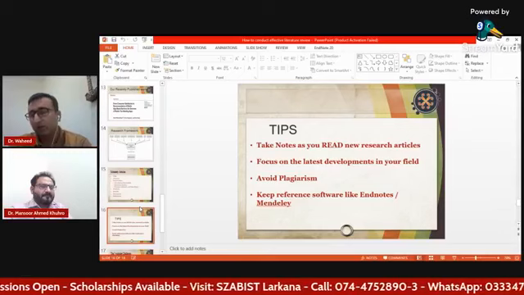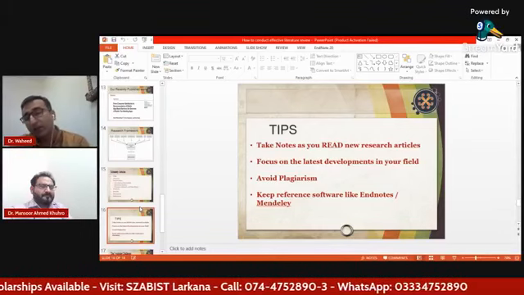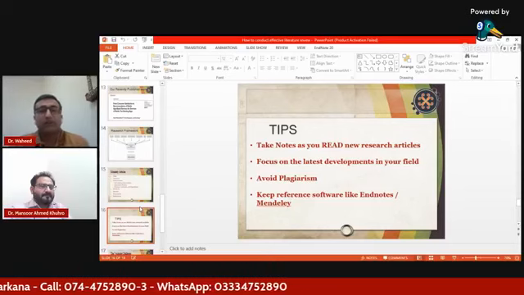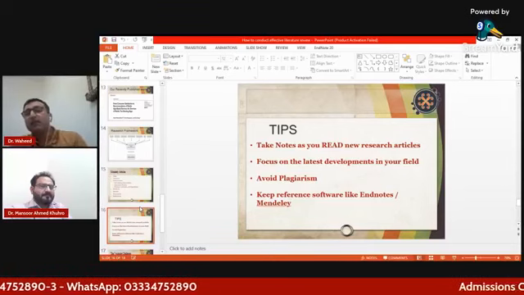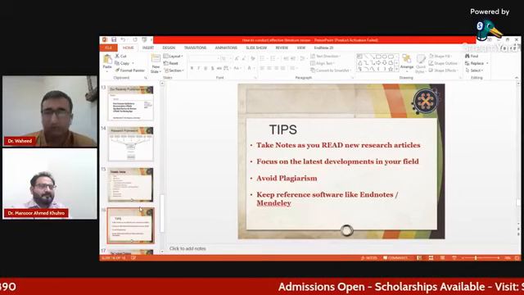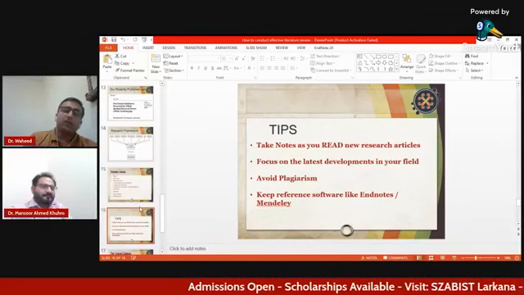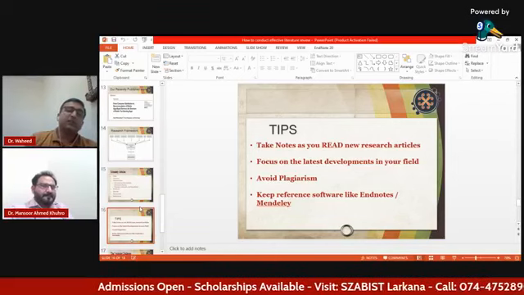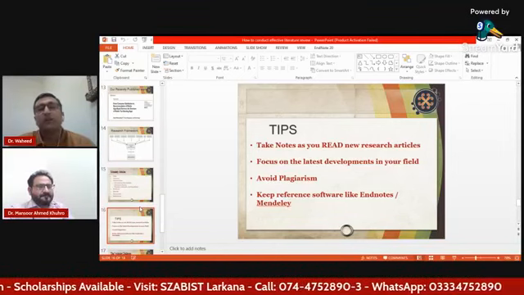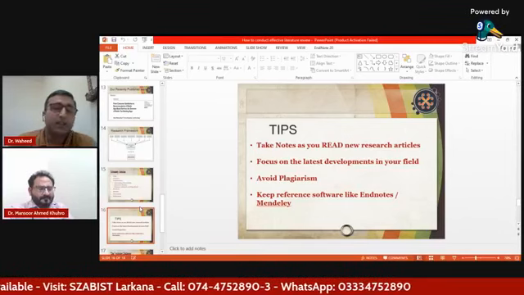So if you know what is good for you, if you are able to read those articles and download them into your referencing software, at any time you can come back and look at the things that you really studied before. Your referencing software will also help you with the citation within your document when you are writing your own review.